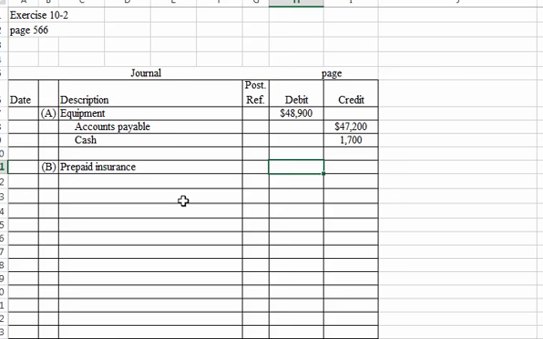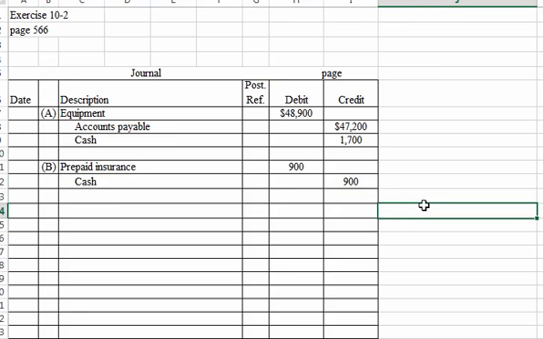For now, though, it's prepaid insurance for the first year, $900. And they told us that was paid in cash as well. So we increase the asset prepaid insurance with a debit. We're going to decrease the asset cash on the credit side.